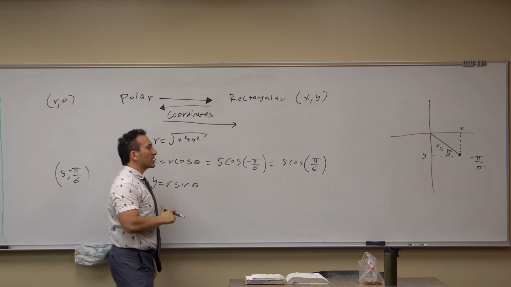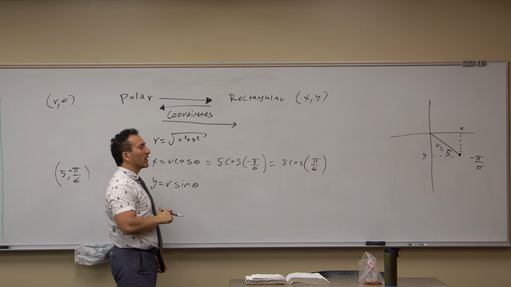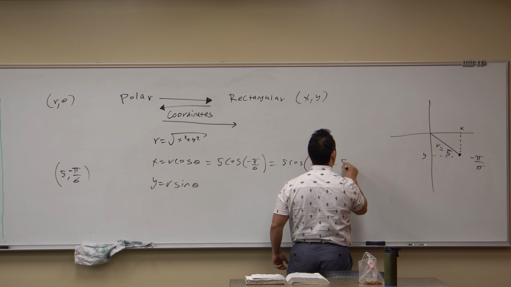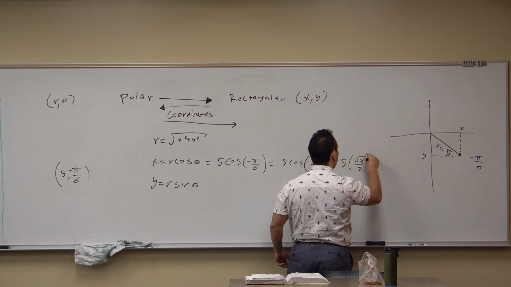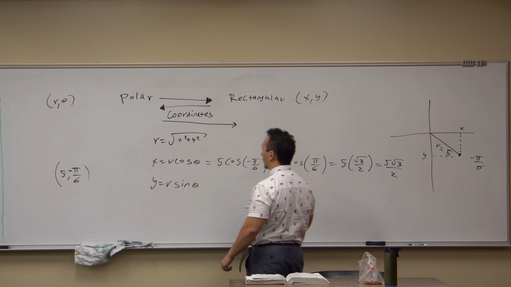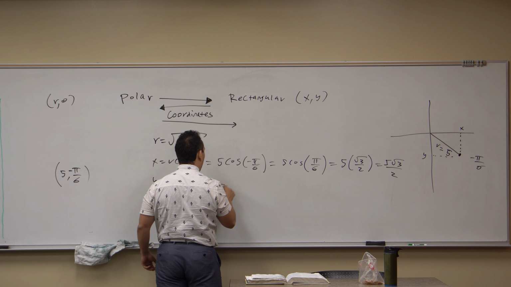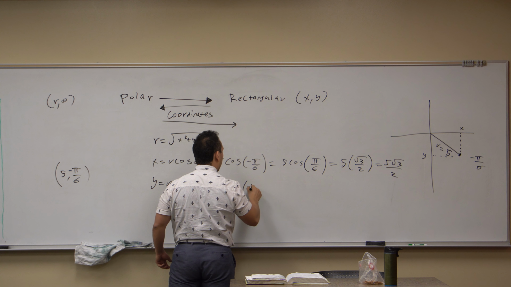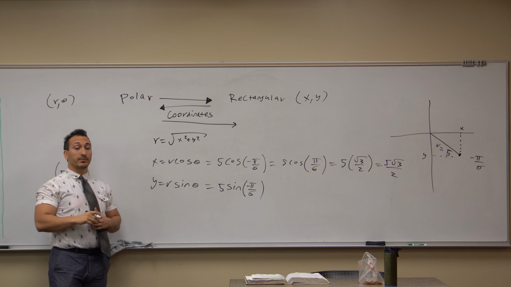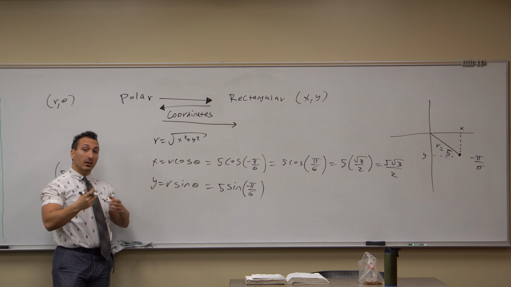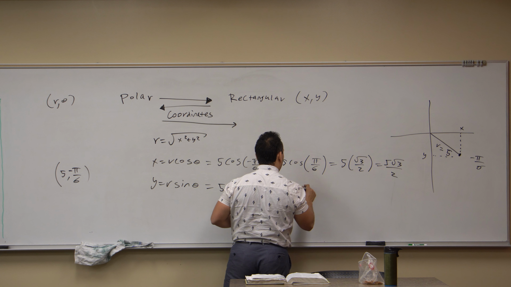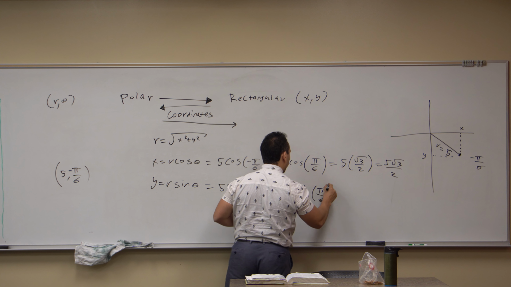Okay? So what's the cosine of pi over 6? That's root 3 over 2. So this is 5 times root 3 over 2, which is just 5 root 3 over 2, which is what it is for x. For y, this becomes 5 sine of negative pi over 6. Sine is an odd function, meaning the negative inside pops out, meaning this equals negative 5 sine of pi over 6.